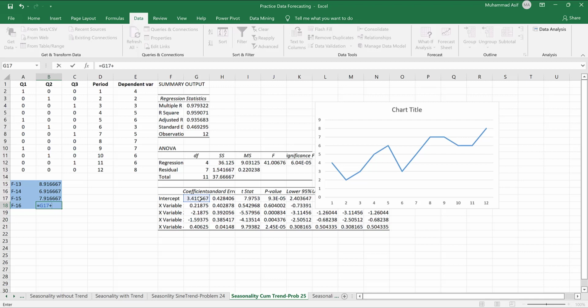These three become 0. However, the other one that represents trend will be multiplied by 16, and that's 9.91.